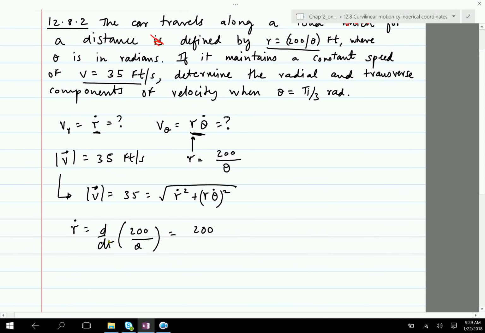Now theta is a function of time, so the derivative is going to be minus 200 theta dot divided by theta square. Right, because the derivative of 1 divided by theta is minus 1 over theta square, and then theta is a function of time, so it's the chain rule, d theta dt.